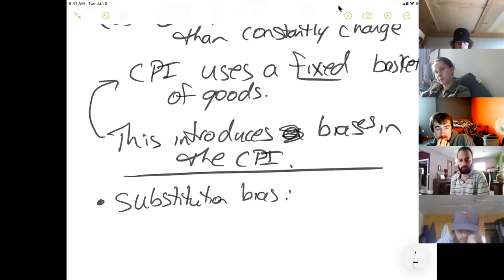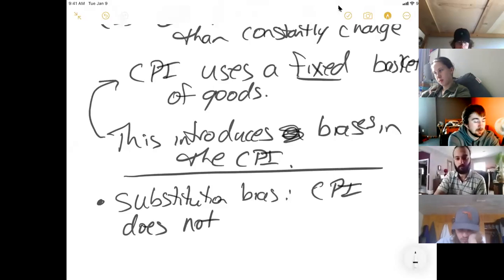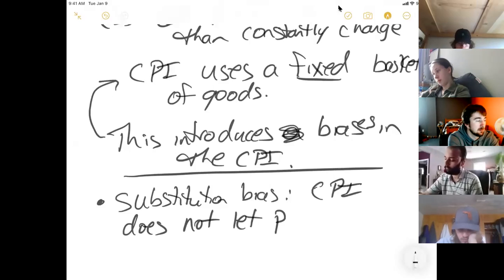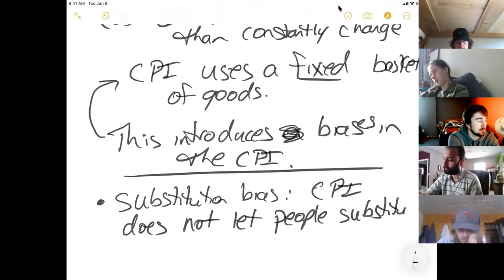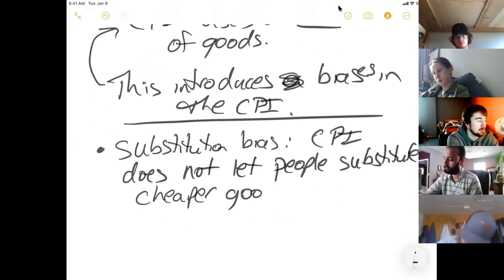So this substitution bias really comes from the fact that the CPI does not let people substitute cheaper goods for more expensive goods.